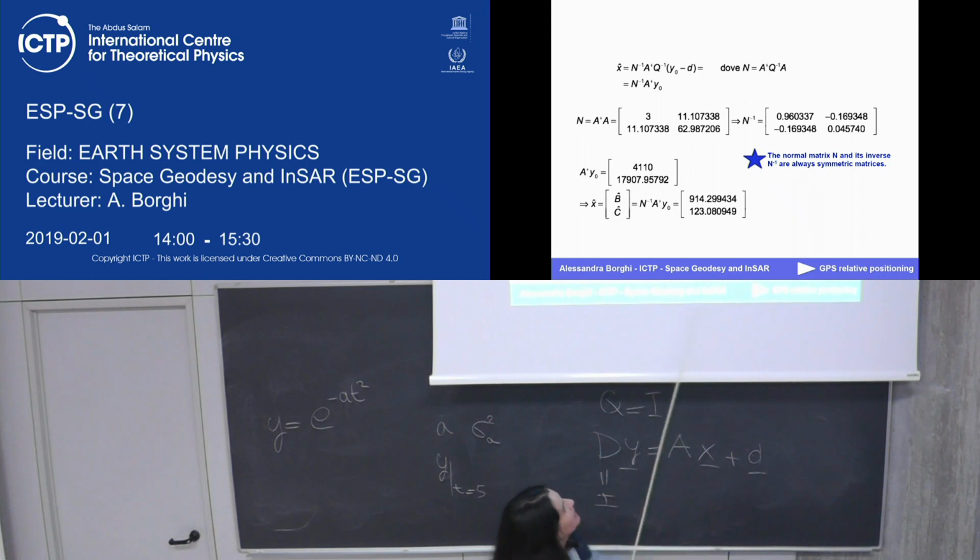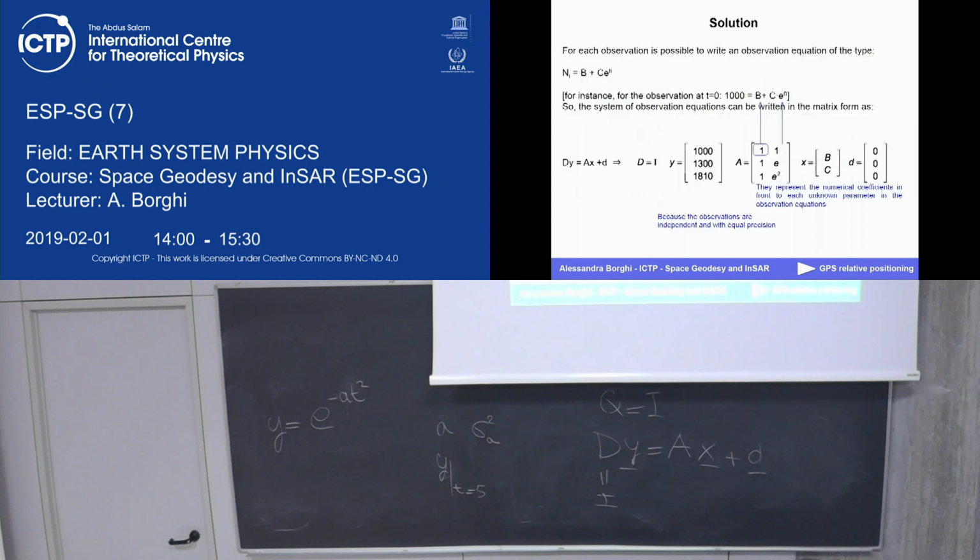When you compute, you can check if the normal matrix N is really a symmetric matrix. You know that it should be symmetric. So when you are writing code, please check whether the matrices that have to be symmetric are symmetric or not, to avoid problems in the inversion.